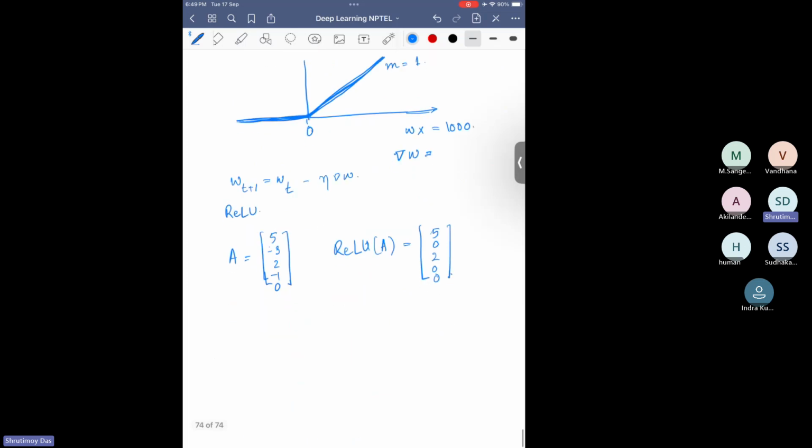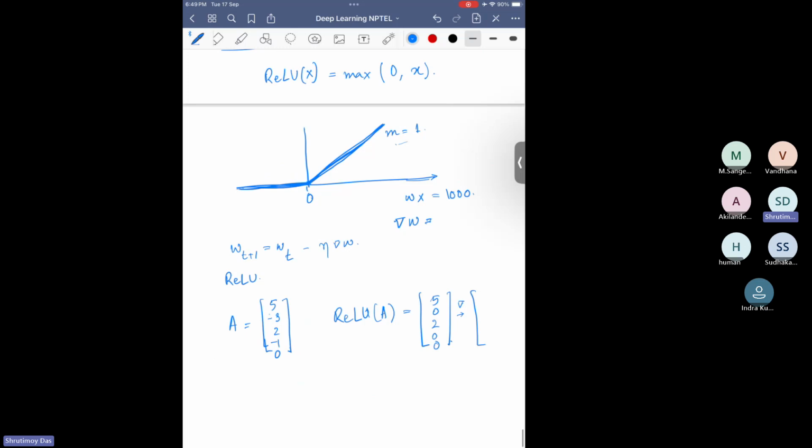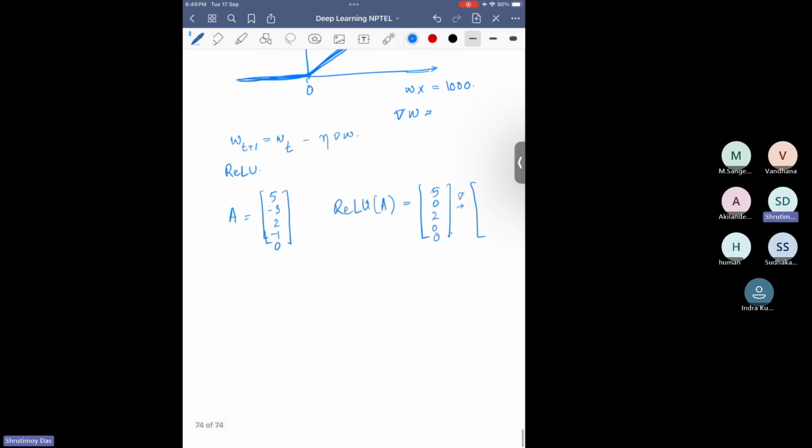But now you basically compare each element and then, if it is positive, you output the same number. If it is negative, you make it 0. And if I try to compute the gradient of this, because for ReLU the gradient is 1 or 0, my gradient will be 1 0 1 0 0. So implementing ReLU is very easy.